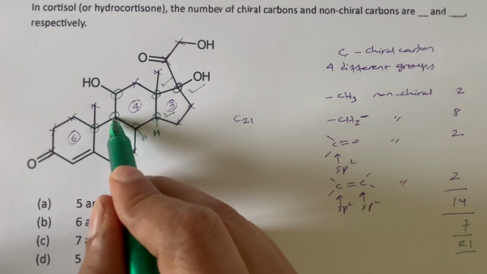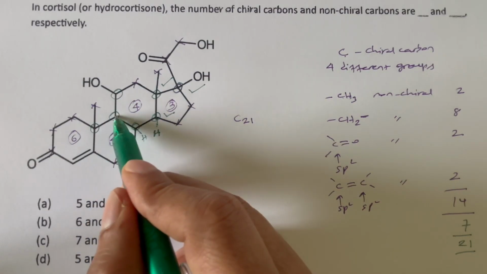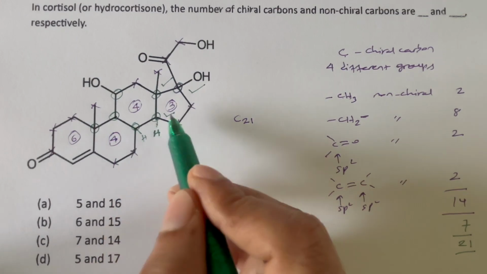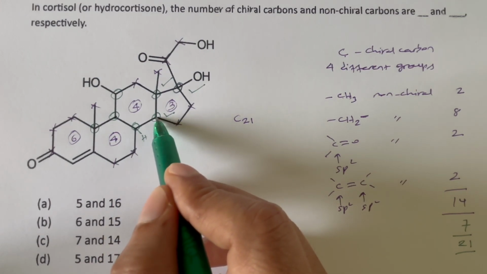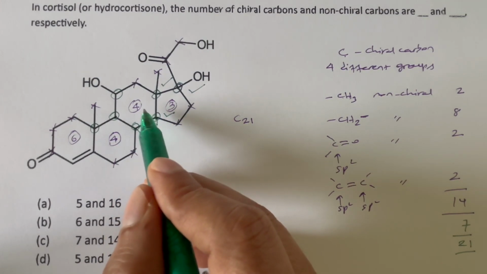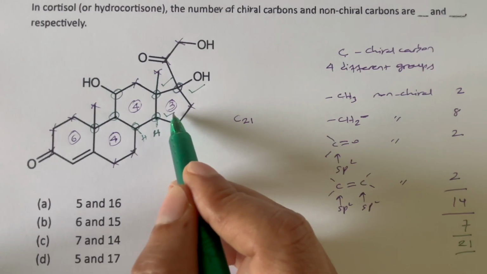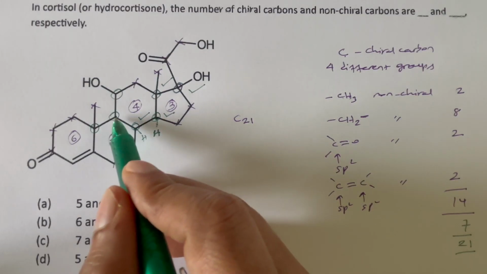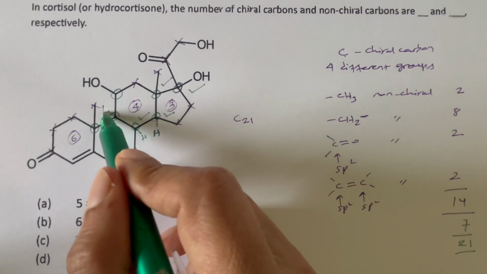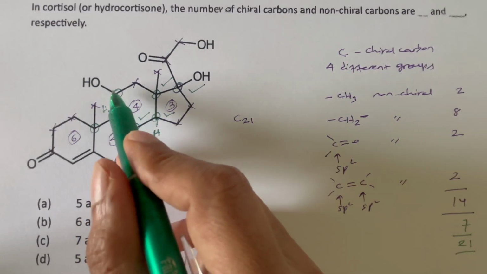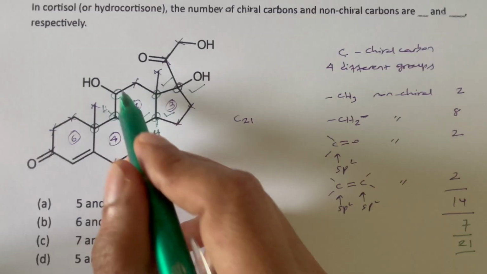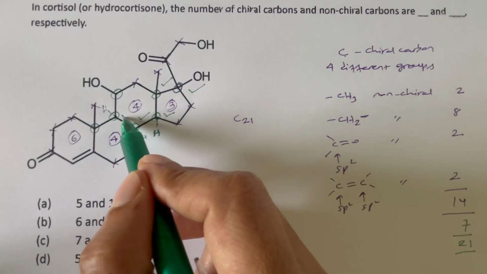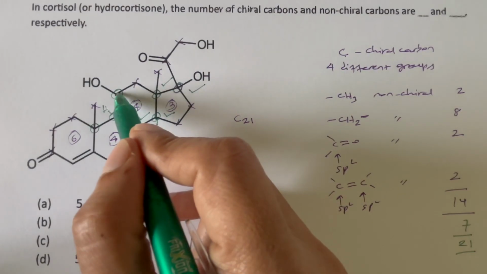This CH is different from this CH because this CH is fused between 2 6-membered rings. For this CH it is fused between a 6-membered ring and a 5-membered ring. So therefore there is asymmetry. Therefore this is chiral. How about here? We have a hidden hydrogen and then CHOH and then CH and then quaternary carbon. Therefore this is chiral.